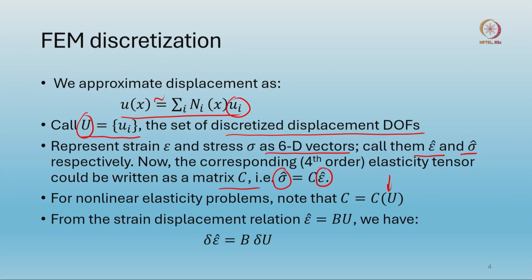So in the vector matrix form, we can write the strain displacement relationship epsilon hat equal to B times U. B is called the strain displacement matrix, you may be knowing about it. You find B by taking the appropriate derivatives of the shape functions Ni, because from here you can find the strain epsilon is the symmetric gradient of U.